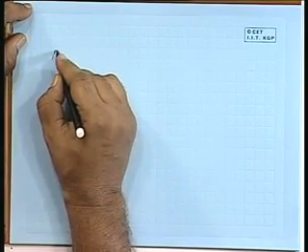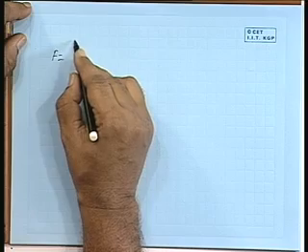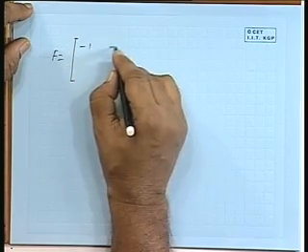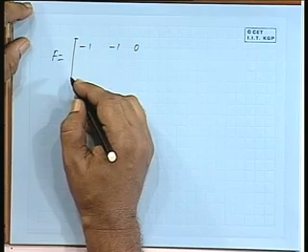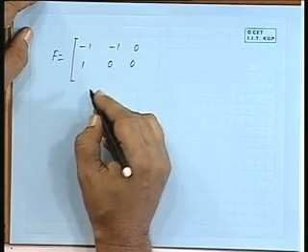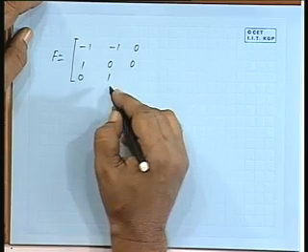Suppose F is given, I am taking just as an example a very simple matrix: -1, -1, 0, then 1, 0, 0, then 0, 1, -1.